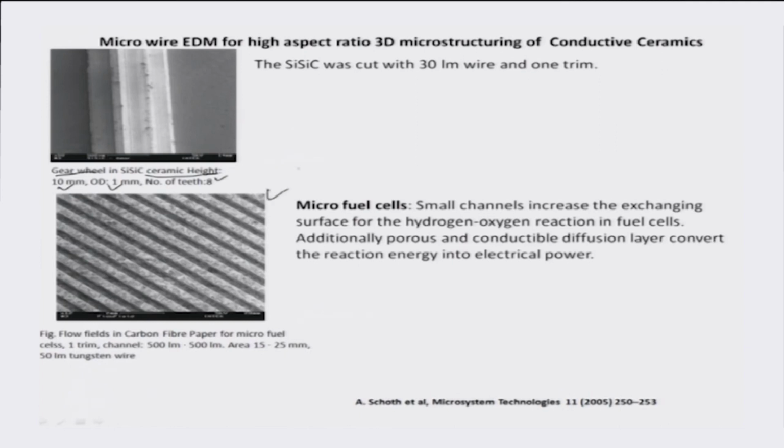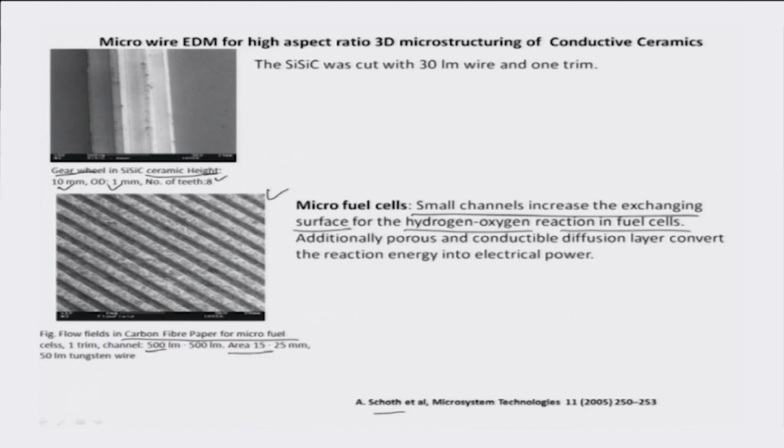Again, for micro fuel cell applications, Skooth et al. have shown very small channels increase the exchanging surface for the hydrogen oxygen reaction to take place in fuel cells. Okay, and so this illustrates a carbon paper fiber micro fuel cell, and the channel sizes are close to 500 microns.